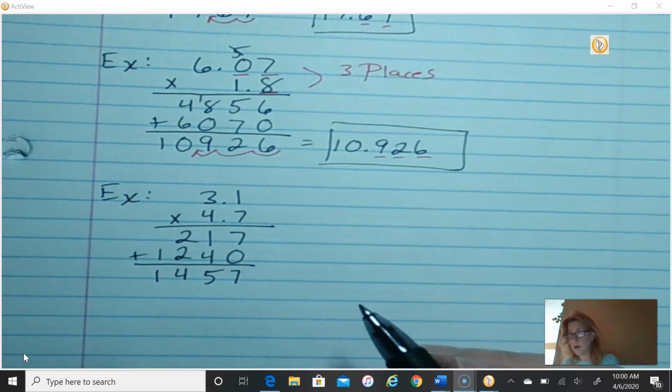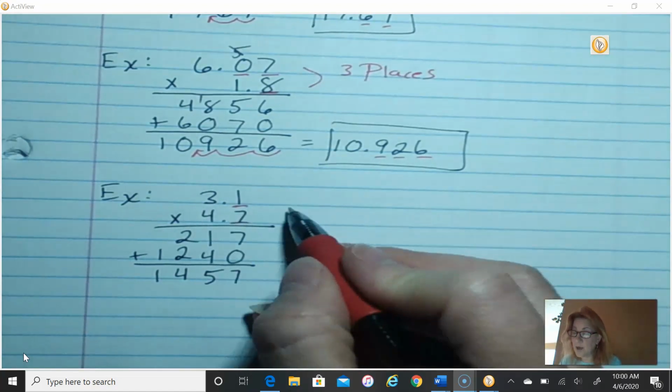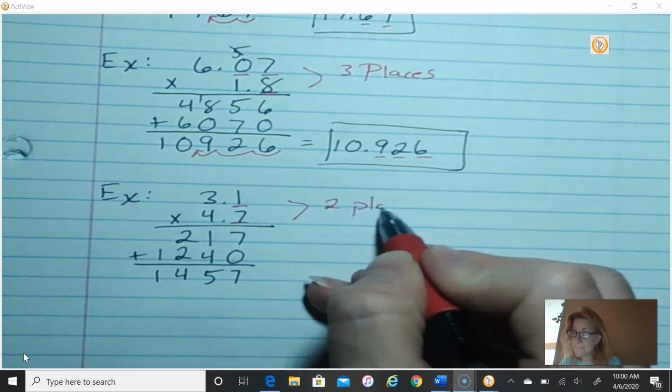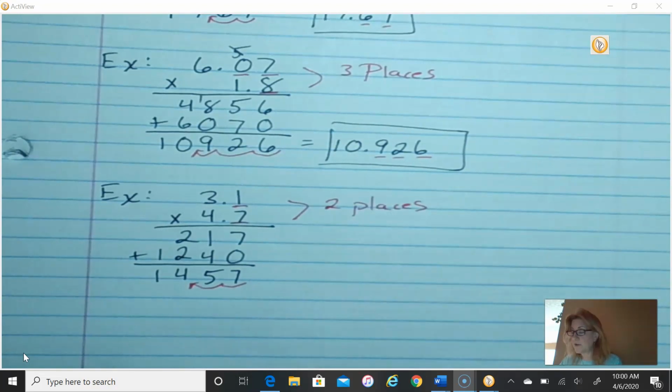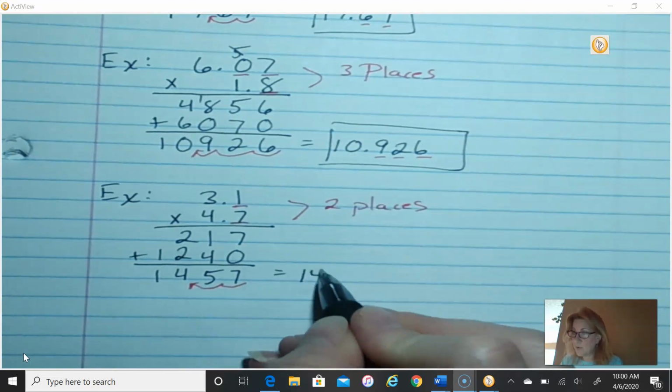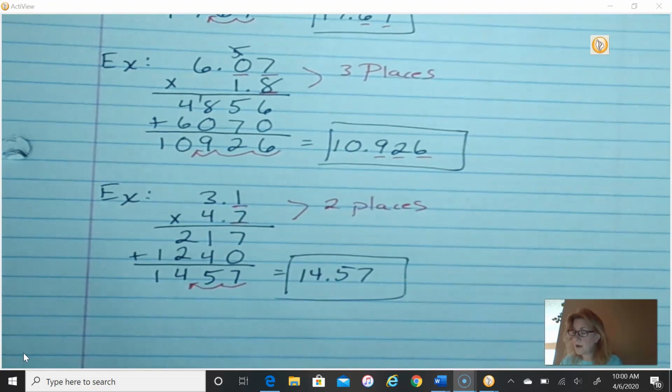Bringing down the 1 is 1. There are 2 total places in the problem. Therefore, 1, 2, we move it. So we have 14.57 as our answer. And there are 2 places there as well.